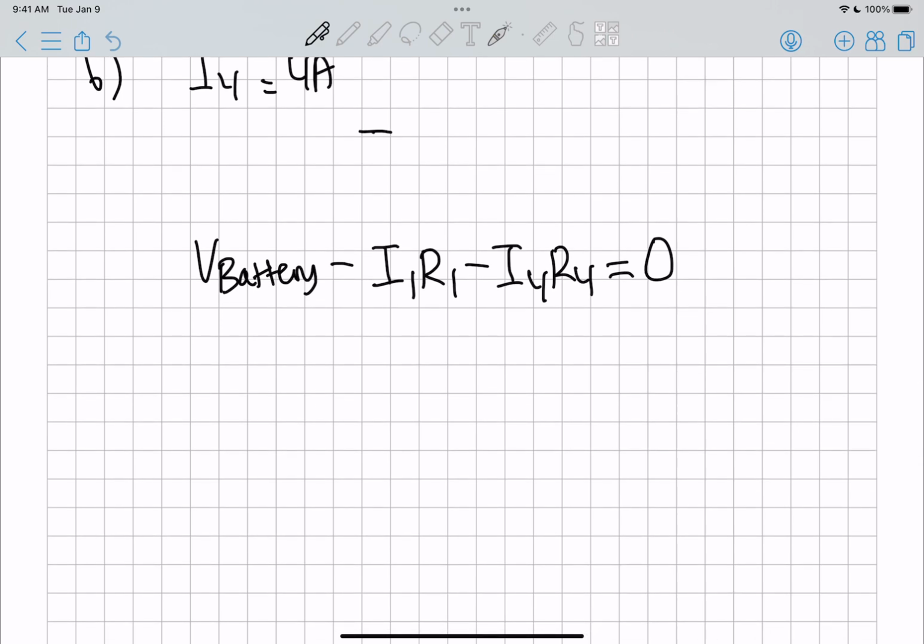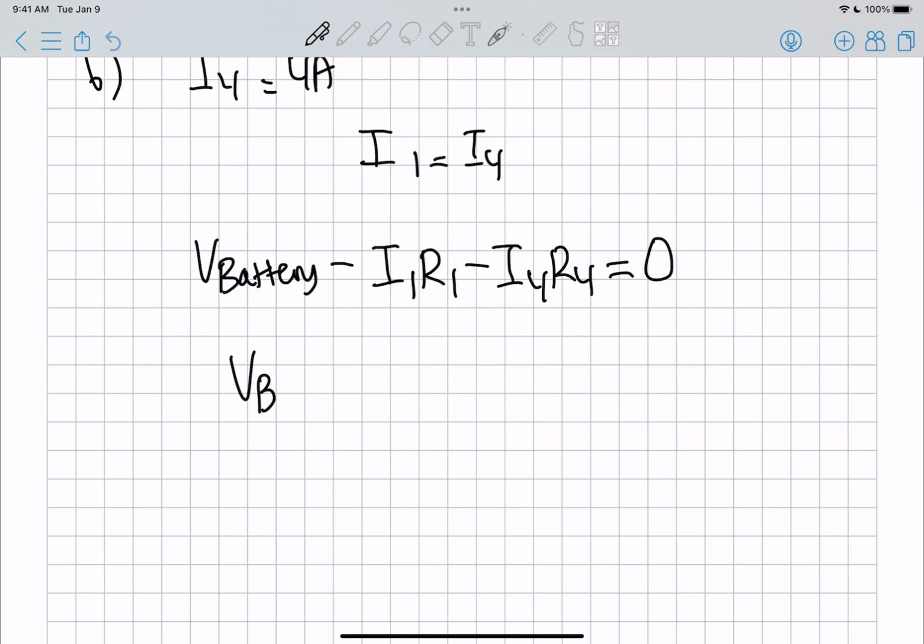Okay. So if we pick that loop, then I1 should just be equal to I4, I believe, because then they would be in series, no? So I1 is equal to I4 by that.